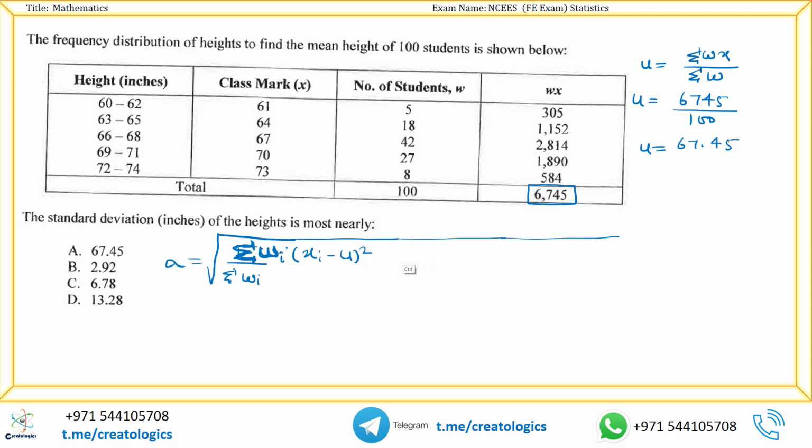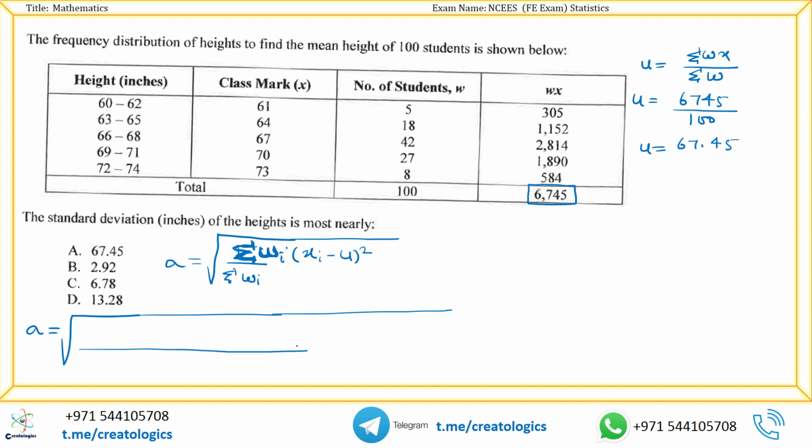So its value will be sigma is equal to everything divided by 100, because that is the sum of all the frequencies, and in the numerator you have the xi values, so subtract the mean 67.45 from all of them: 60 minus 67.45, take its square, and so on, and do this for all the terms.